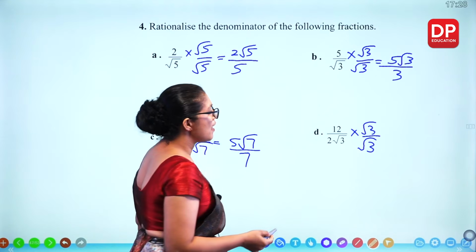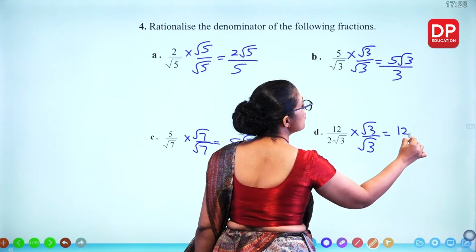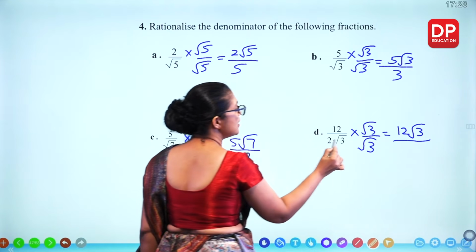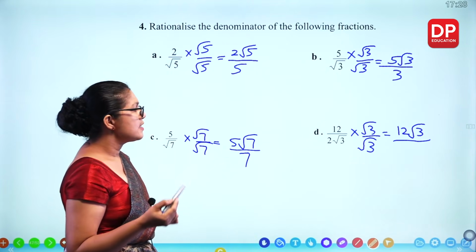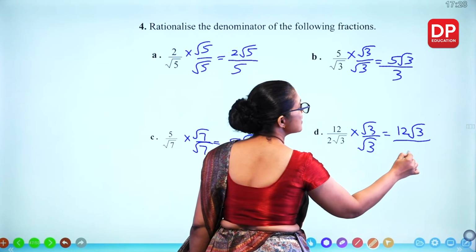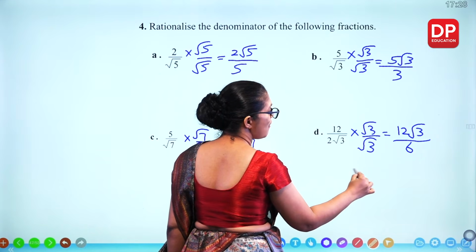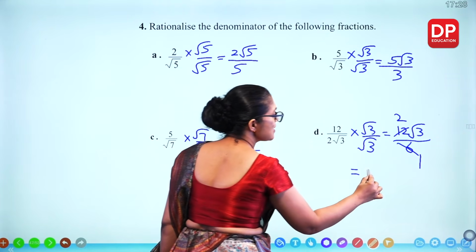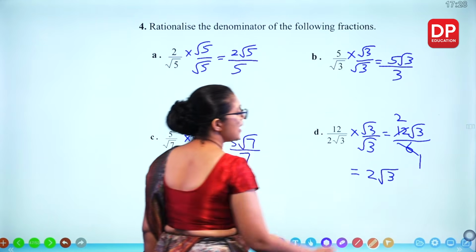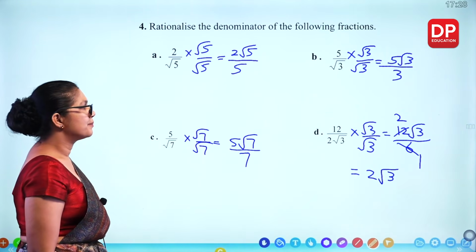So when you simplify, what you get? 12 root 3 over. Here, root 3 times root 3, 3. 3 times 2, 6. Now, you can simplify further. 6 with 1, 6 with 2. So what's the answer? You get 2 root 3.